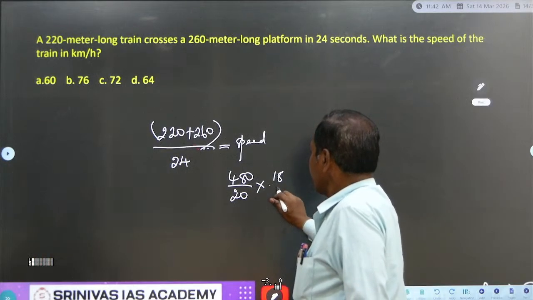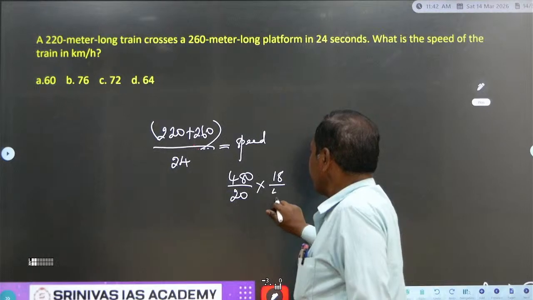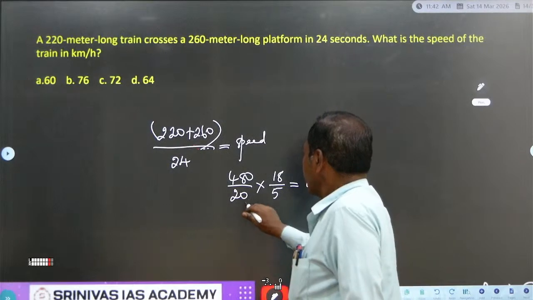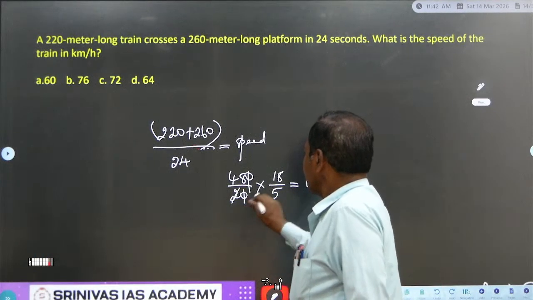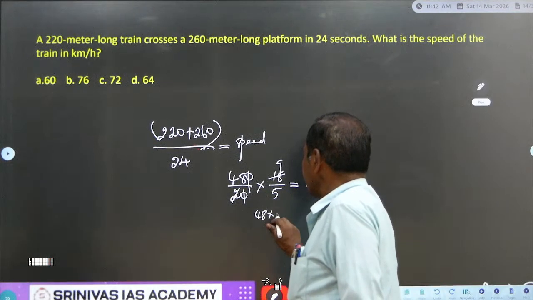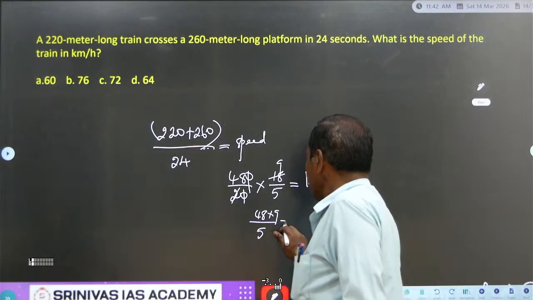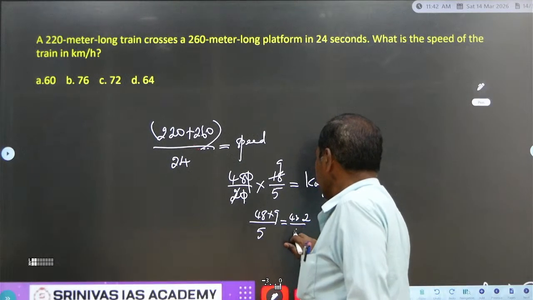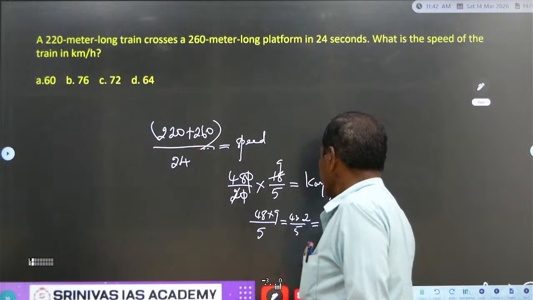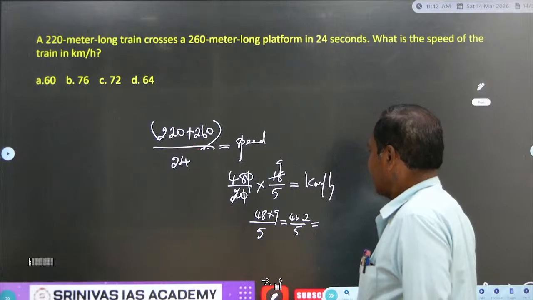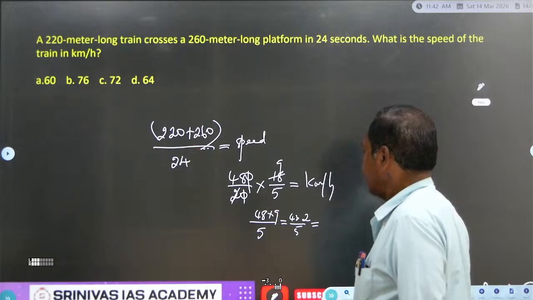Multiply by 18 by 5 and you will get the kilometers per hour speed. Now the 0 gets cancelled here. Wait, sir, it is 480 by 24, not 20.